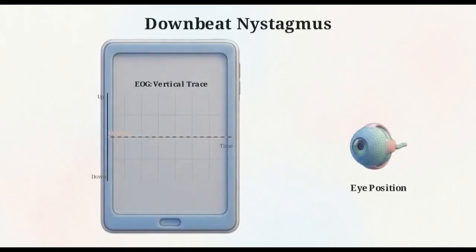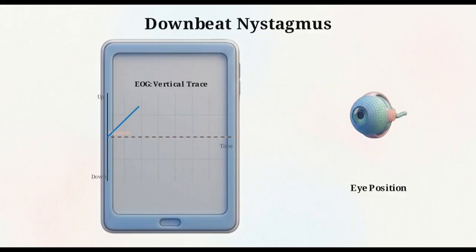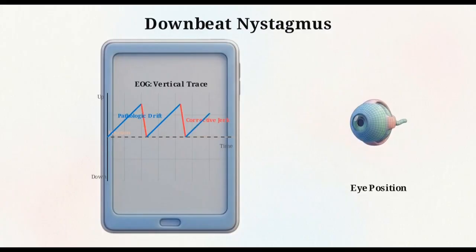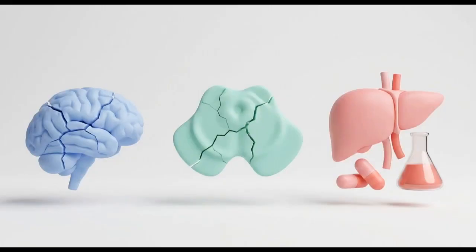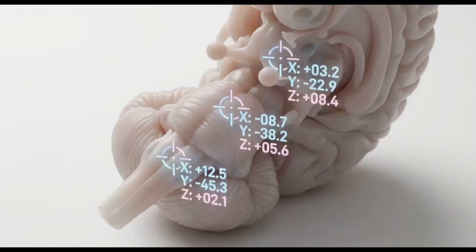When the direction shifts vertically, we see downbeat nystagmus. The eye slowly drifts upward, followed by a fast downward corrective jerk. Downbeat nystagmus strongly correlates with cerebellar disease, midbrain lesions, or systemic toxicity from lithium or heavy alcohol use. Analyzing waveform acceleration and direction allows for the mapping of lesions to specific anatomical coordinates within the brainstem and cerebellum.